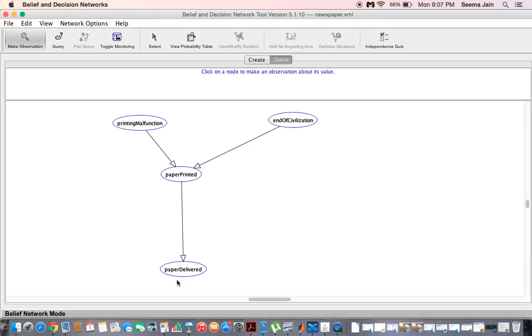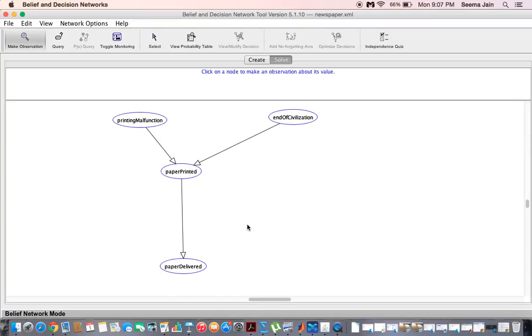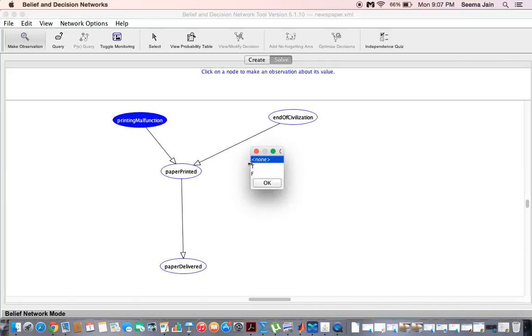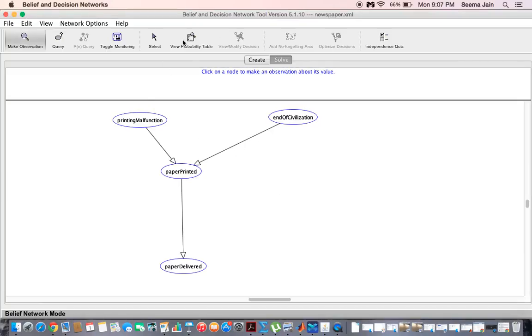Paper being delivered is dependent on whether the paper has been printed or not. The paper being printed is dependent on whether the printing press is fine or end of civilization as we know it. So the prior probabilities, let's have a look at the prior probabilities.